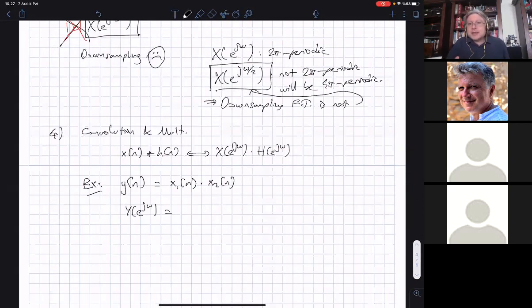But remember that X1 of e to the j omega and X2 of e to the j omega are periodic. So I have to apply a periodic convolution, which is a little bit different. First of all, in the periodic convolution integral, the amount of shift is not from minus infinity to infinity after folding back and sliding.